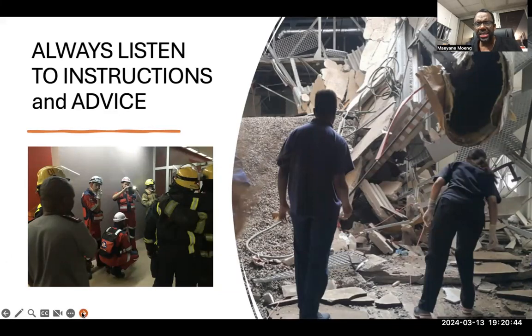One of the issues that you must clear up in your mind is that you need to always be willing to listen to instructions and advice during emergency situations. Unfortunately, people like the spectator value, and they want to come and have a look, and they end up breaking the rules relating to emergency evacuation.